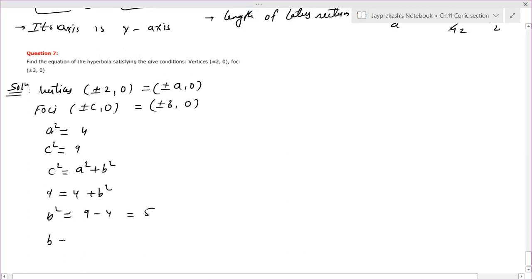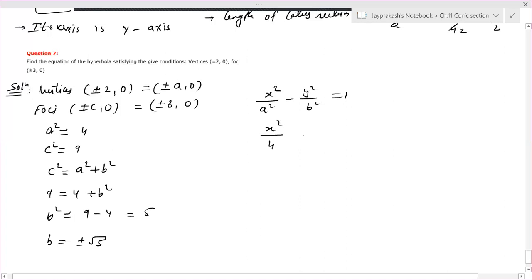Then we have b is equal to plus minus root 5. So we have the equation x square upon a square minus y square upon b square is equal to 1, that is x square upon 4 minus y square upon 5 is equal to 1.